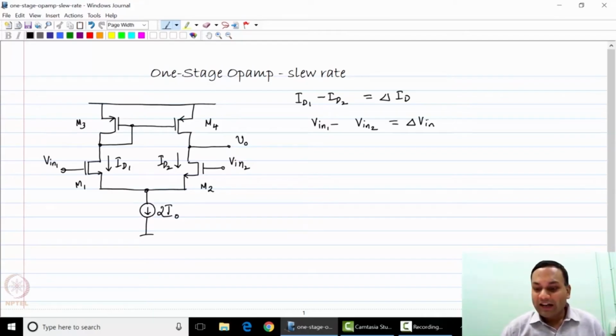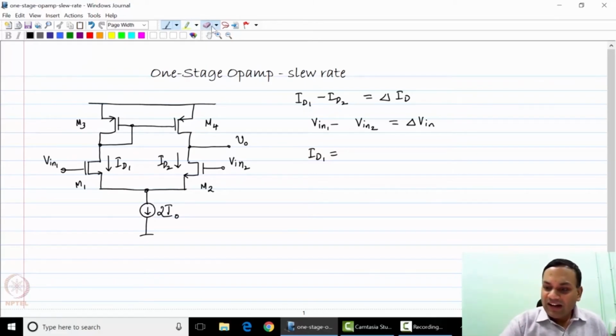So to do that, I need to write down the current equations of the transistors of the op-amp. First of all, let us assume that the total current through the op-amp is 2 I0, so that each of M1 and M2 has a current I0.